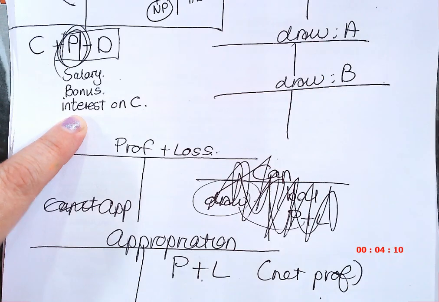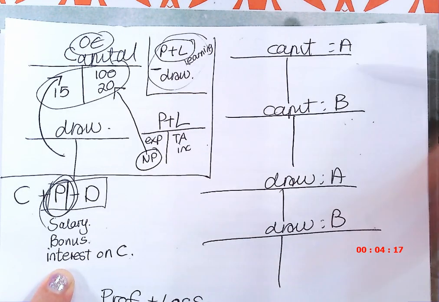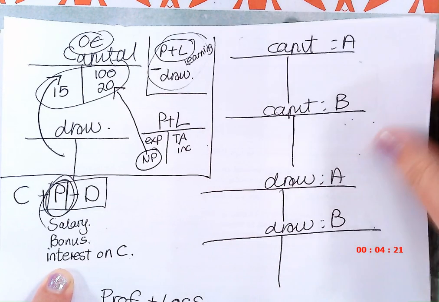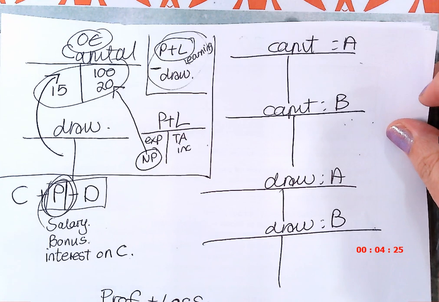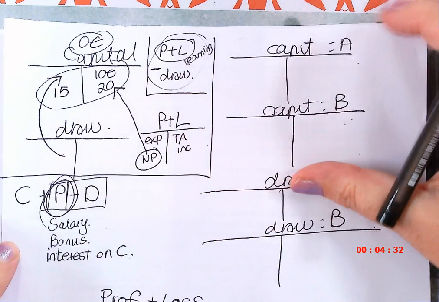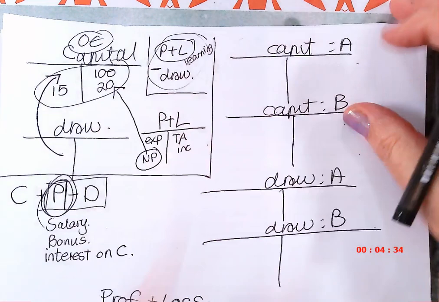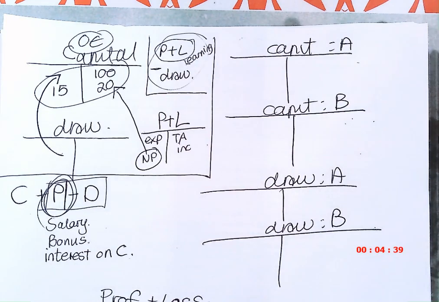Because instead of just putting your money in a business hoping to make a profit, you could have put it in a fixed deposit and made interest there, which is way less stress and way easier. So they are going to earn interest on the money that they put in the business instead of in another investment. Because remember, this is also investment. Investment is anything where I put money in with the idea to get something back.